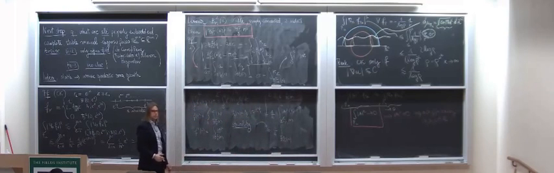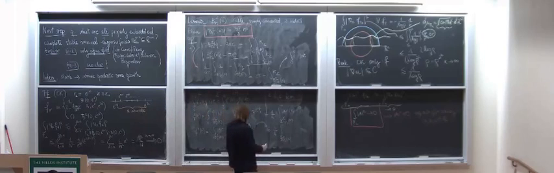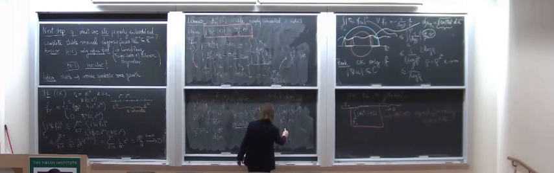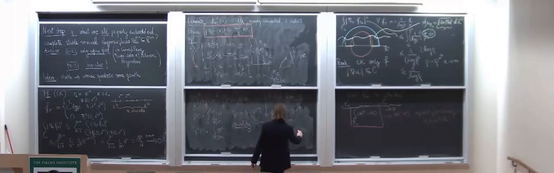Okay, but the gradient of that function is less or equal than 1, so I just get the integral over the ball in question of 1. So I get 1/4 the measure of the ball in question.